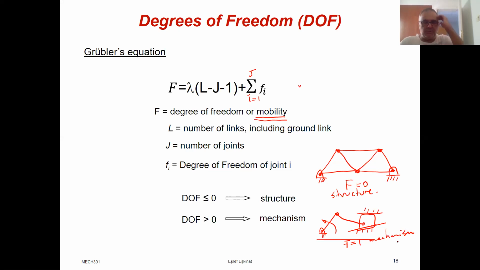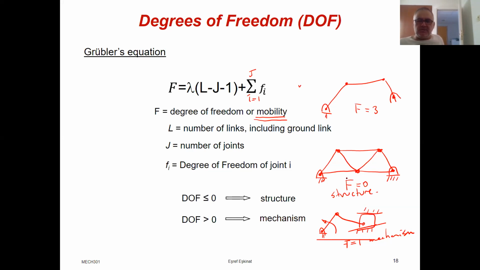So there is motion associated with it. Or you might have things like robot arms, in which the degree of freedom is even more than 1. For example, one arm is here, another arm is here, another arm is here, let's say, with a gripper. So this has a degree of freedom of 3, for example.